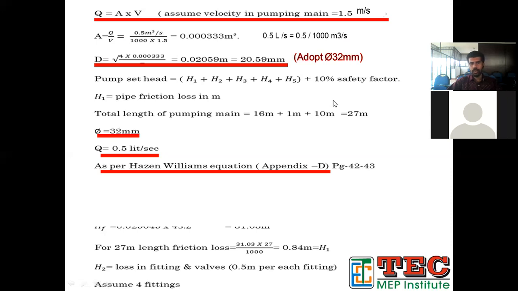Total H is 22.81, where you have to add 10%, right? So safety percentage, 10% of 22.81, how much will it be? 22.81 into 10 by 100, how much will it be?